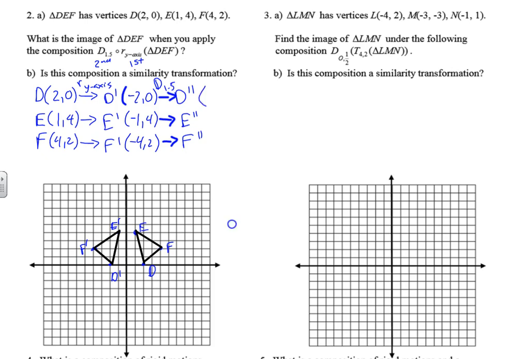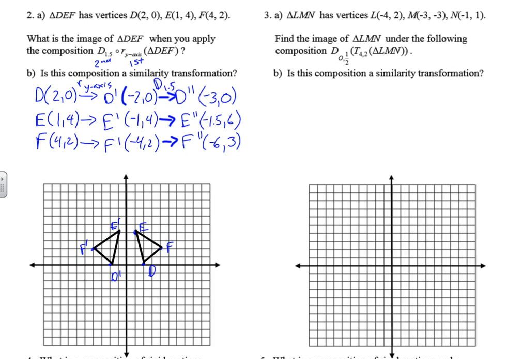And so we're going to do negative 2 times 1.5, which is negative 3. 0, anything times 0 is 0. So this would be (-1.5, 6). And then (-6, 3). So we're just multiplying the x and the y values.